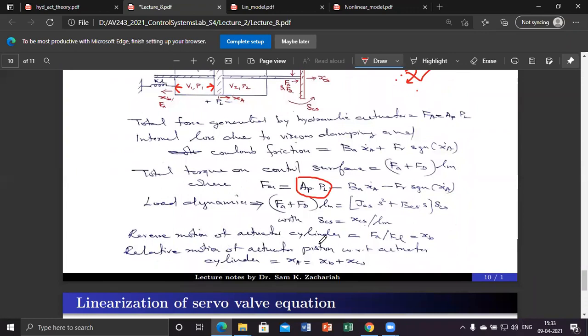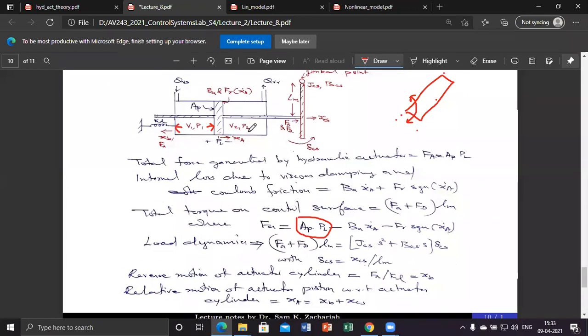Reverse motion of the actuator cylinder is FA by KL. And one more thing: KL is not only on the reverse side; there will be finite stiffness in the forward side also. So whatever compression happens in any of the force chain, everything will be lumped together as KL.